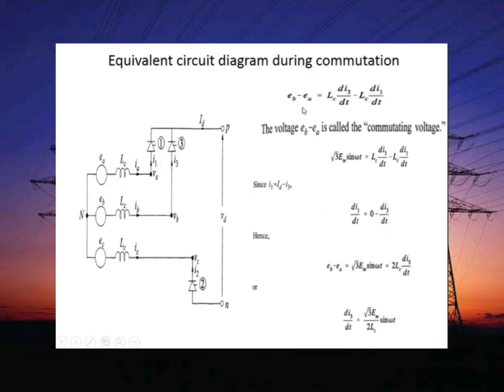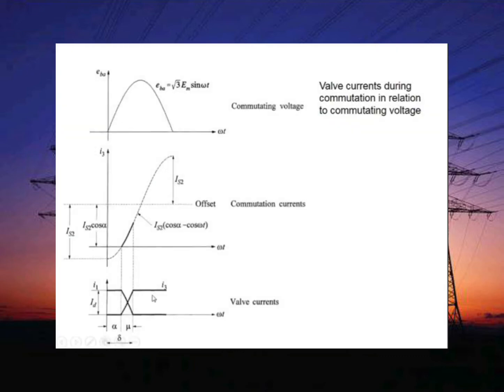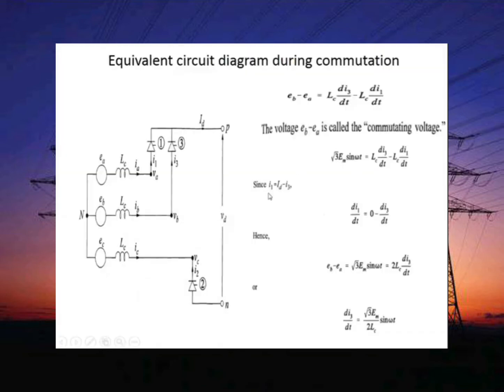So put the value of EB minus EA equal to root 3 Em sine omega t, and the total current from this waveform is I1 plus I3 equal to ID. Therefore we write I1 equal to ID minus I3. Now differentiate with respect to time.